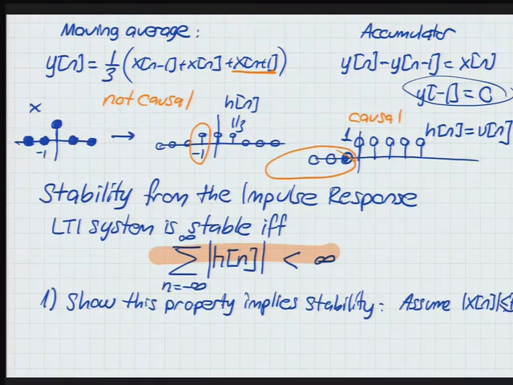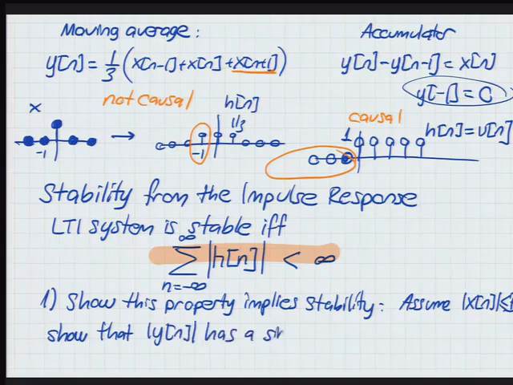Okay? So there's a hard number such that x never exceeds that, either in the positive direction or negative direction. Okay? And show that y of n has a similar bound, another B bar, whatever you want to call it. Okay? So that's how we're going to do that.